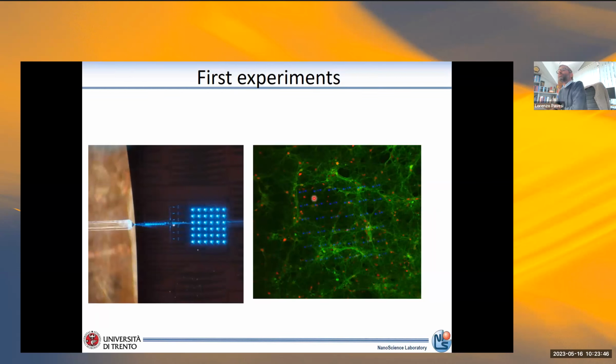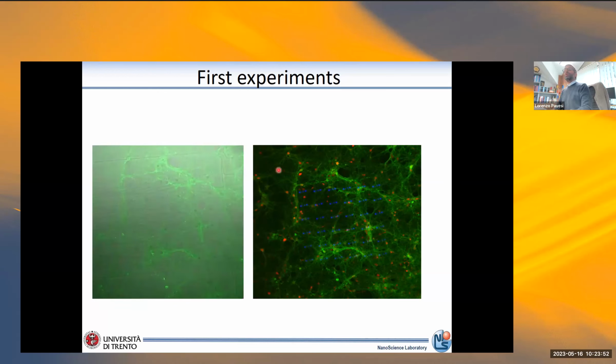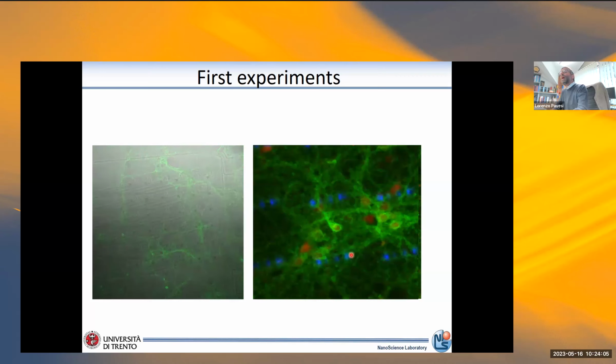And the red spot here shows the fact that the neurons start to be activated. If you compare, without the blue light in the photonic circuit, no red spot, and with the blue light in the photonic circuit, you see the red spot. And if you blow up, you see indeed the fact that the neurons are activated by the blue spots.